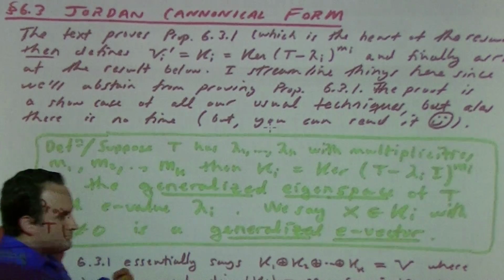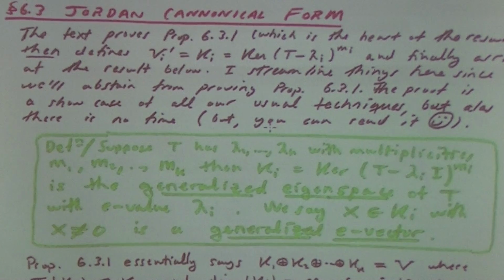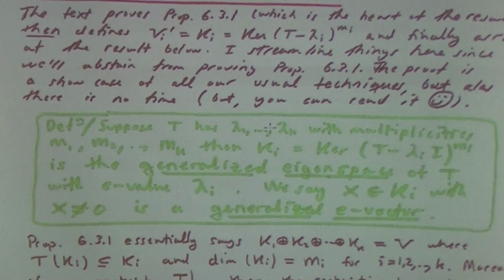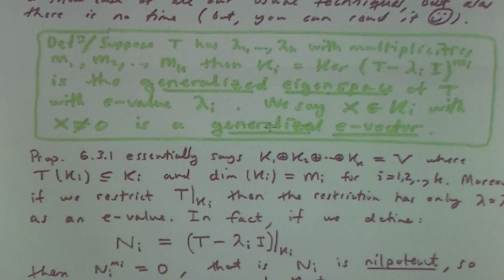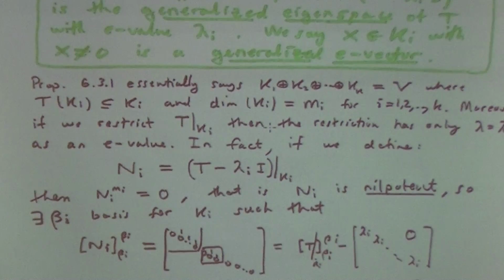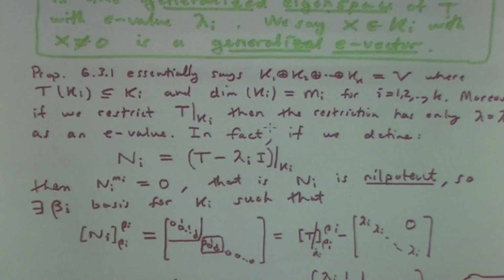Let me show you. That's the technical result, which is not an easy thing to prove. It would really take me about two careful days to prove that. Proposition 6.3.1 has a double induction or something. But it is constructive.